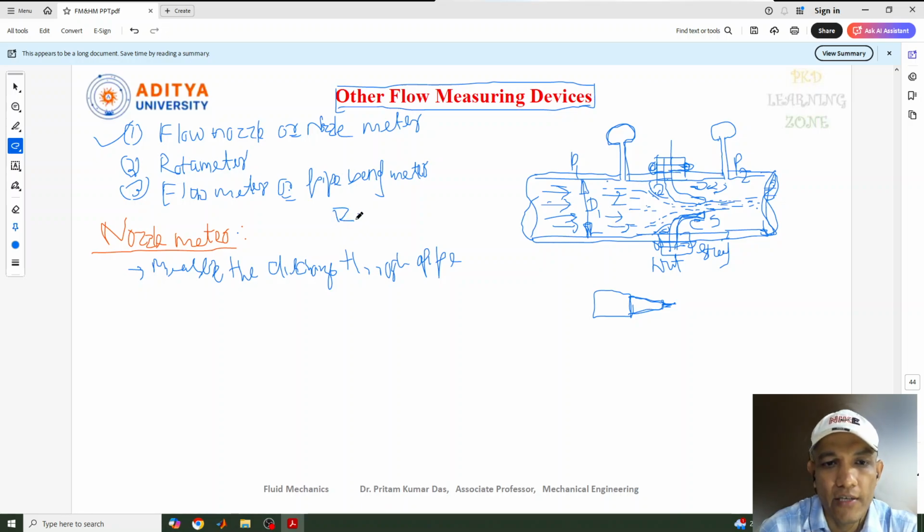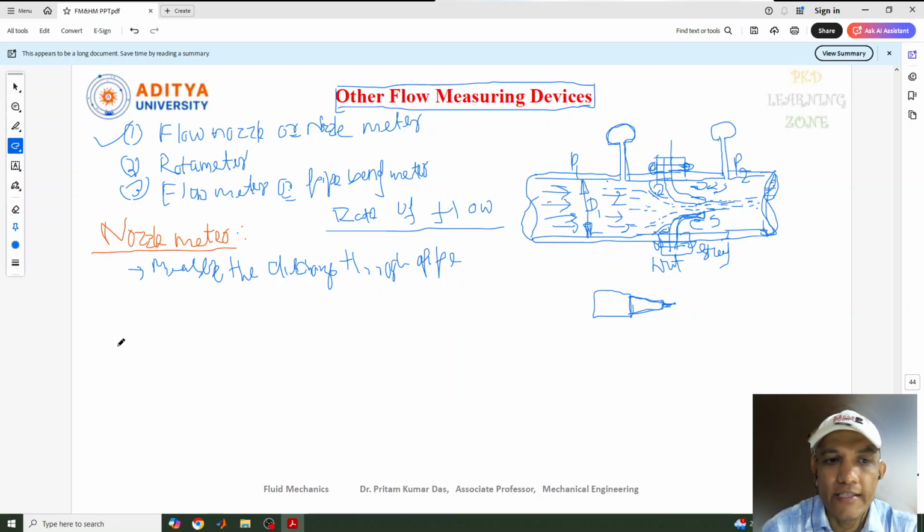Already I have discussed the rate of flow or discharge in our previous lecture. So here also, the nozzle meter is used to measure the rate of flow or discharge through this.